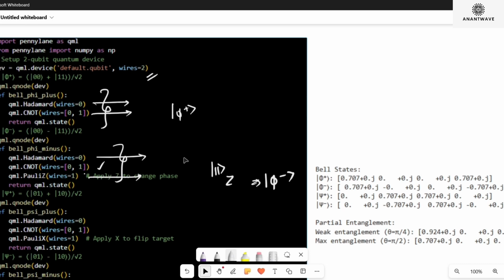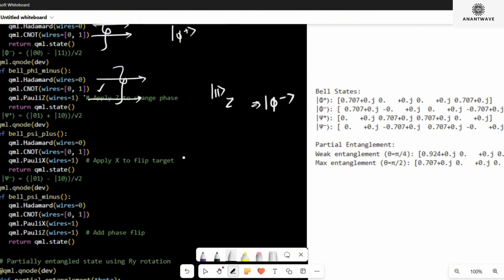And then we'll try to create psi plus. Here we need to apply the Hadamard gate and then CNOT and apply Pauli X, which will flip the target. So we'll get this equation. Firstly we are applying on 00.